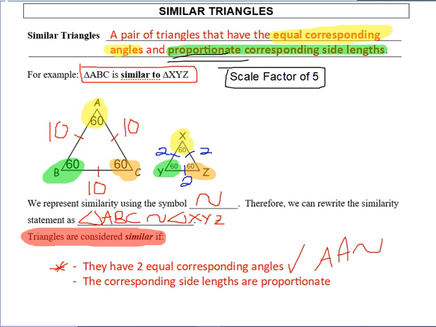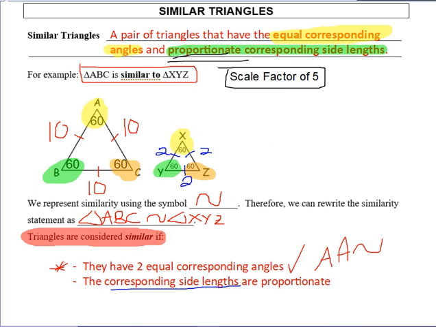But sometimes you might run into an example where there are absolutely no angles, and you're like, what do I do here? Well, they've got to give you something. They would give you corresponding side lengths, and we would say that they are proportionate to one another.